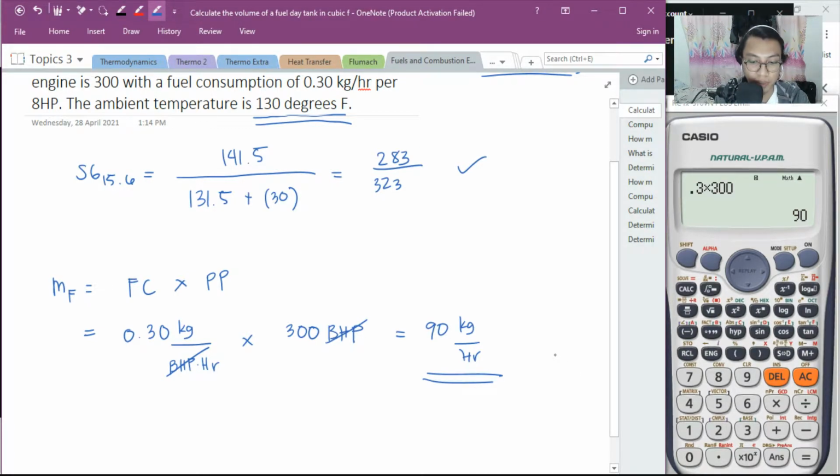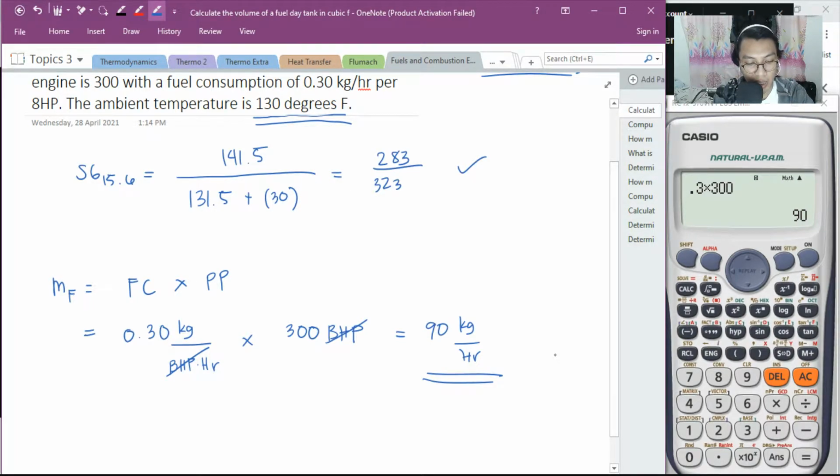I think ang susunod dyan, check ko lang yung given ko. Yan. Ang susunod dyan is the density of the fuel at 130 degrees Fahrenheit.